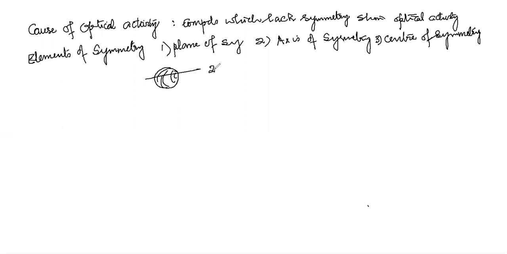The second one is axis of symmetry. Axis of symmetry is a line about which rotation of an object by a particular degree will give the original entity. For example, let us take a benzene ring.